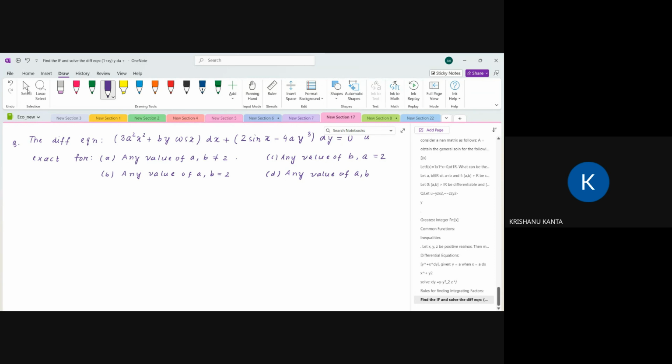We'll just calculate del M by del y and del N by del x. So over here, my M is 3a square x square plus b y cos x, and my N is 2 sin x minus 4a y cube, right? So partial derivative of M with respect to y is how much?